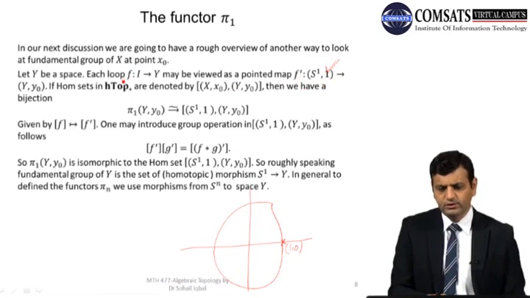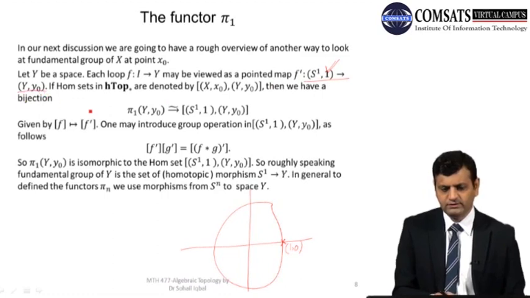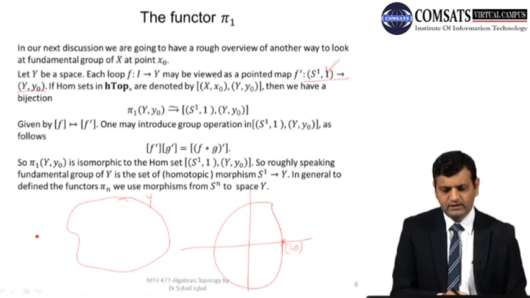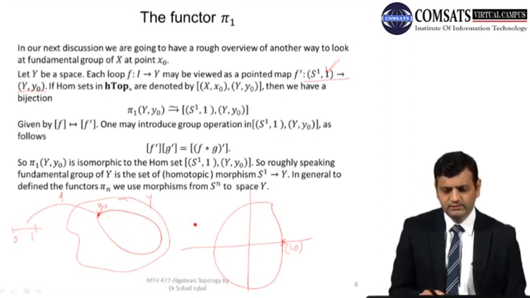Okay, so every loop in Y can be considered as a pointed map from (S1, 1) to (Y, y naught). So if this is the space Y, and we have a loop from 0 to 1, and this loop is f, and the initial point is y naught, then this loop can also be considered as a pointed map.